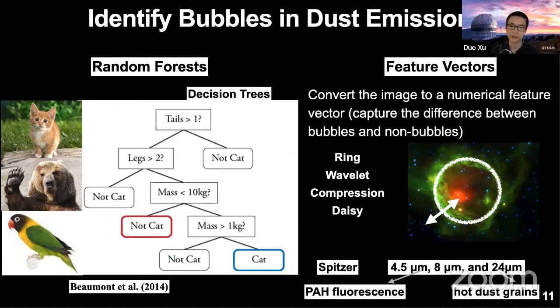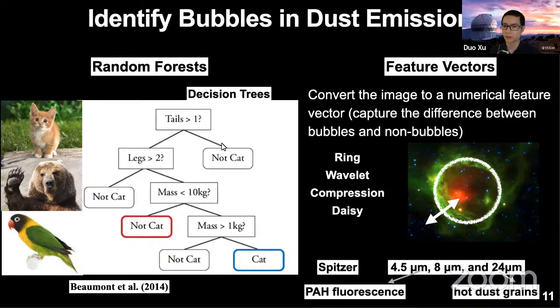For example, if we want to classify different animals, such as cats, birds, or bears, we make several criteria to determine whether these objects follow them. It has 4 legs. Okay, that's not a bird. Its mass is below 10 kilograms. It's not a bear. At the end, we will classify different objects into different categories.